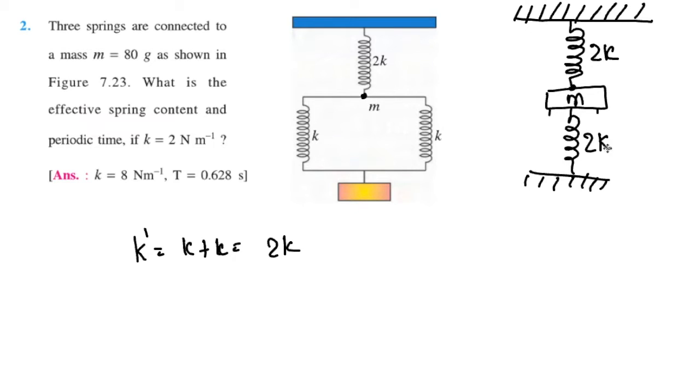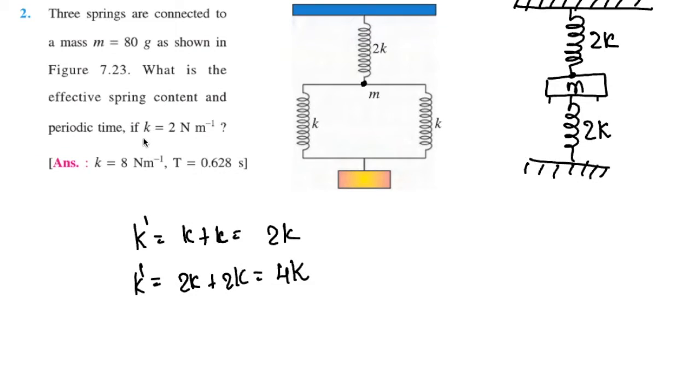Now these 2k and this 2k are also parallel with each other, and this type of system we have resolved, and we have also found the value of effective k, that is k dash equals 2k plus 2k, that is 4k.